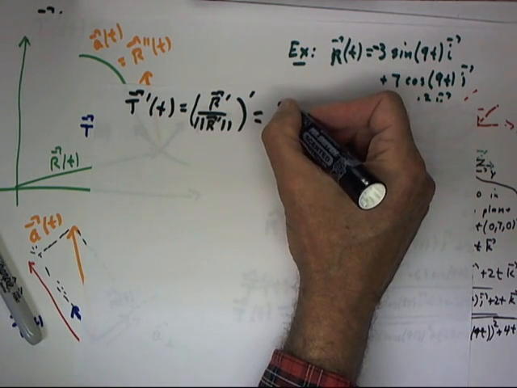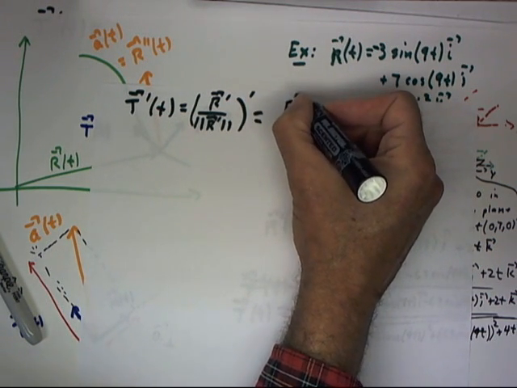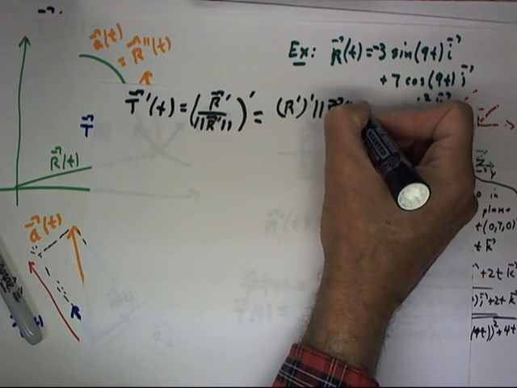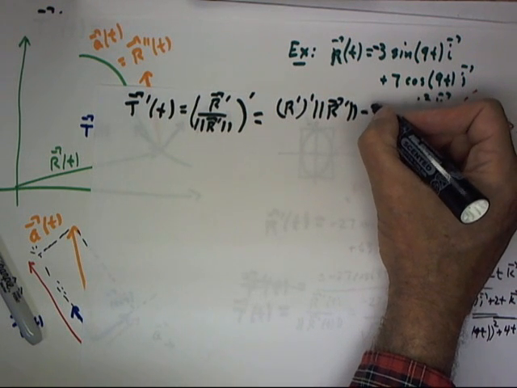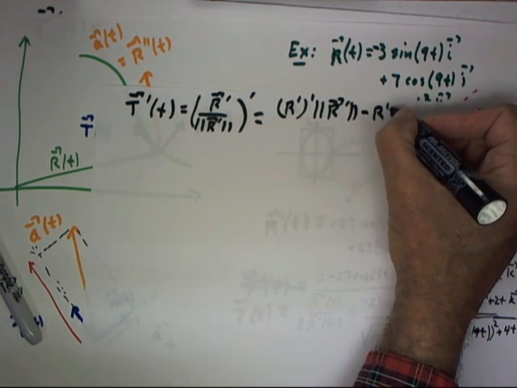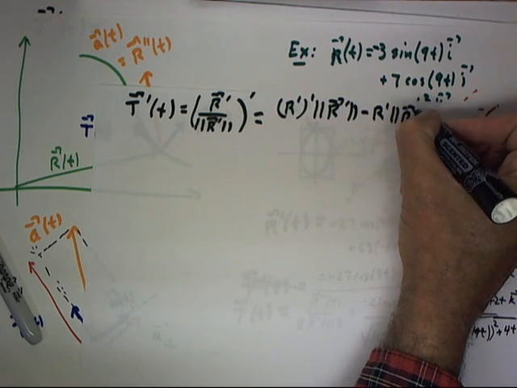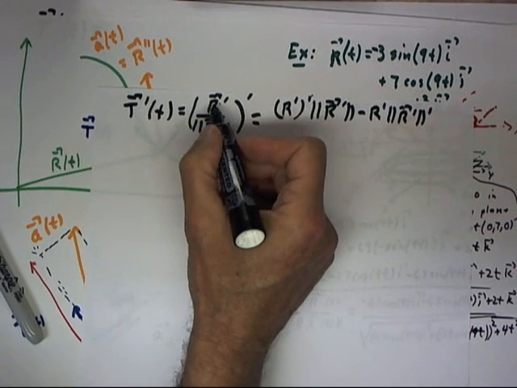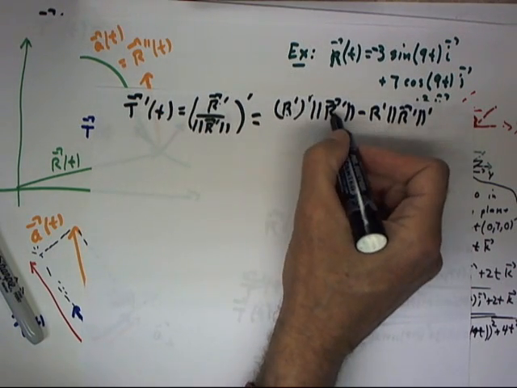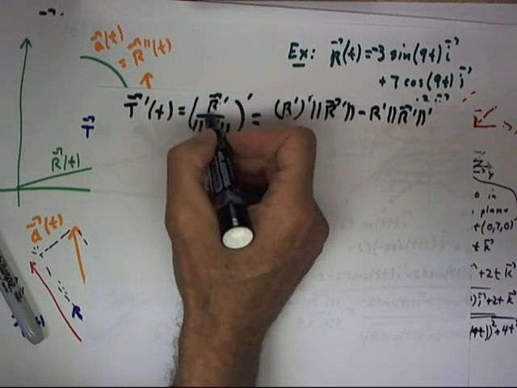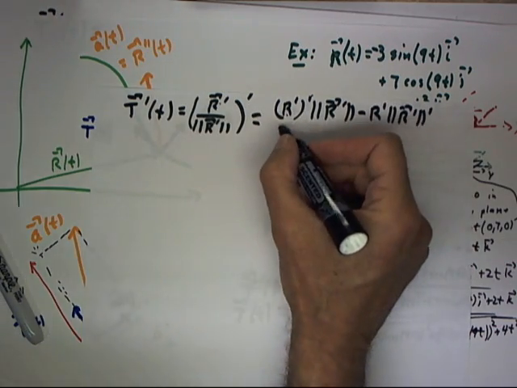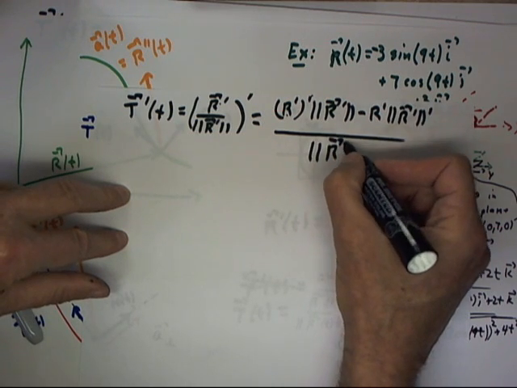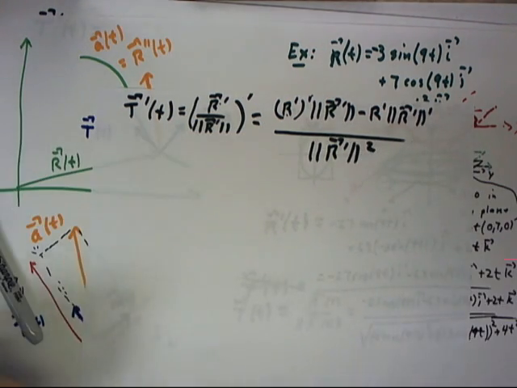We find that the derivative is r prime prime times the magnitude of r prime, minus r prime times the magnitude of r prime prime. In other words, if this is f over g, f prime g, which would be this, minus f g prime, which is this. And then, of course, that would all be over the magnitude of r prime quantity squared.